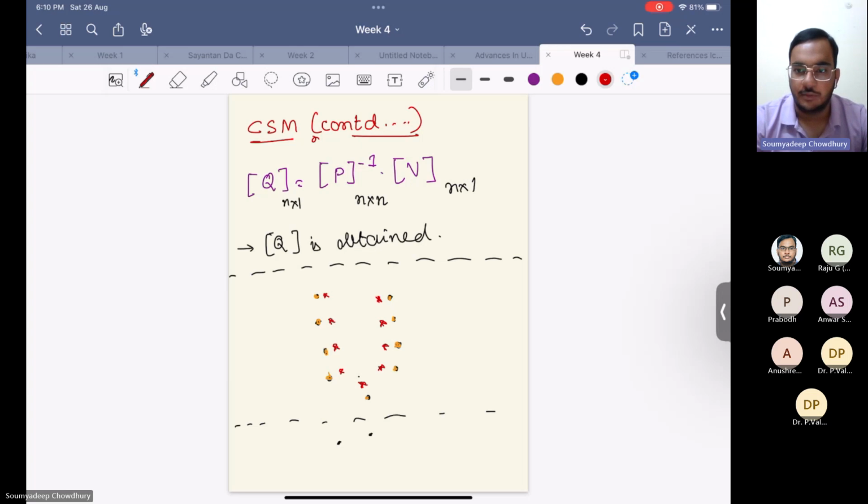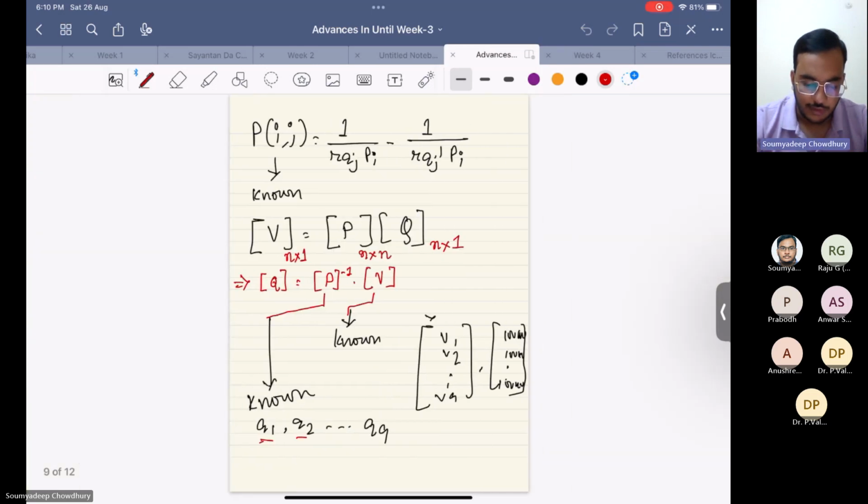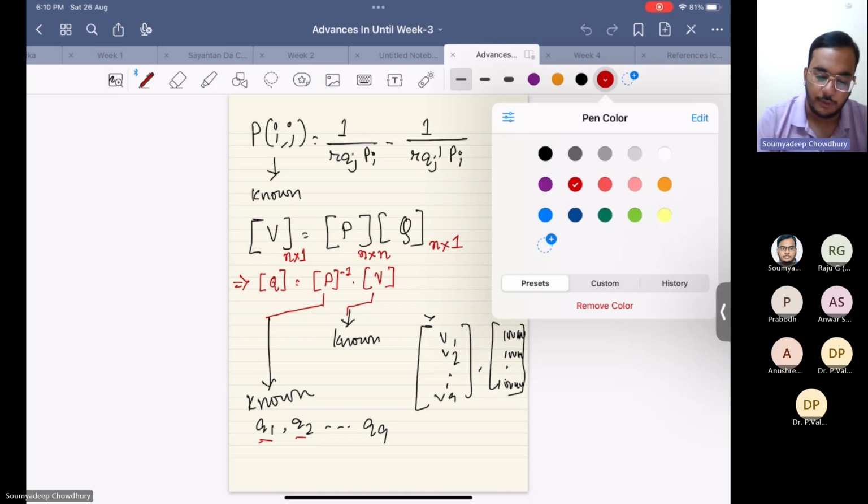So these are the different simulation charges which we had used. Based on this, we had formulated how we can find out the P matrix. I'll give a quick recap. So this was our P matrix for a point charge.